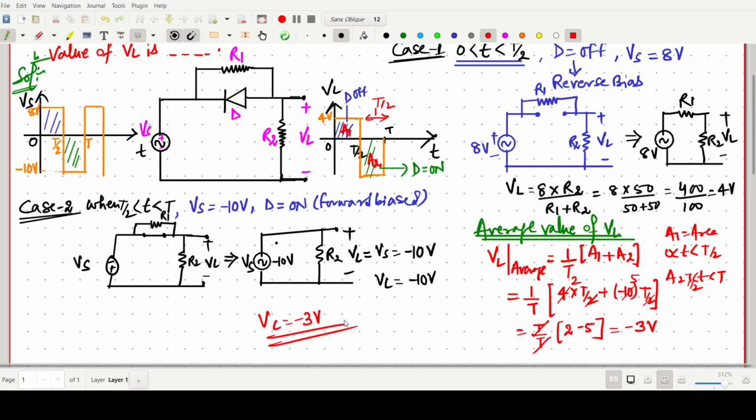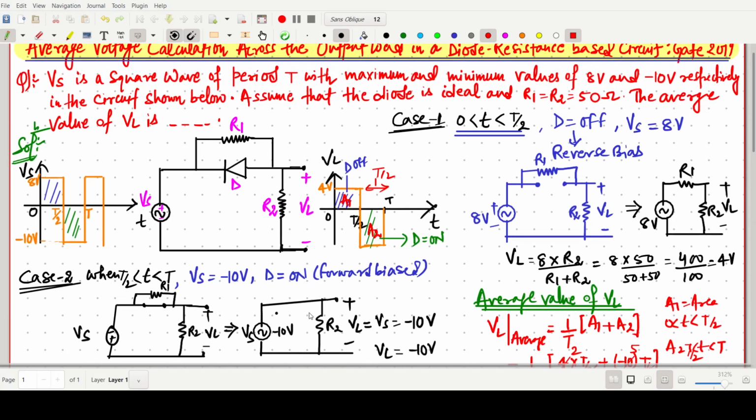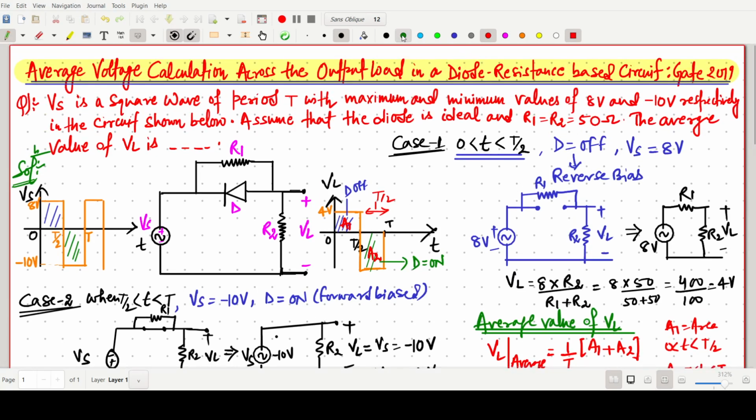This one is the average value of the voltage, so this value will be our minus 3 volt. This one is the correct way to solve this type of question.